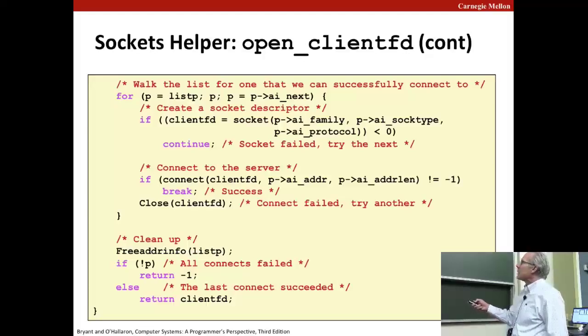And on each one, I'm going to call socket. And the socket call, as I said, allocates some data structures. I talked about this last time. That's why I'm rushing through this pretty fast. But you'll notice that the fields that you're filling in have all been generated for us by the getaddrinfo call.